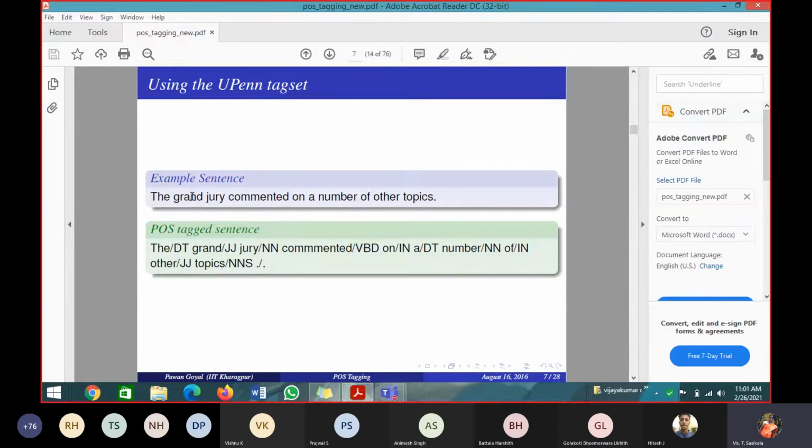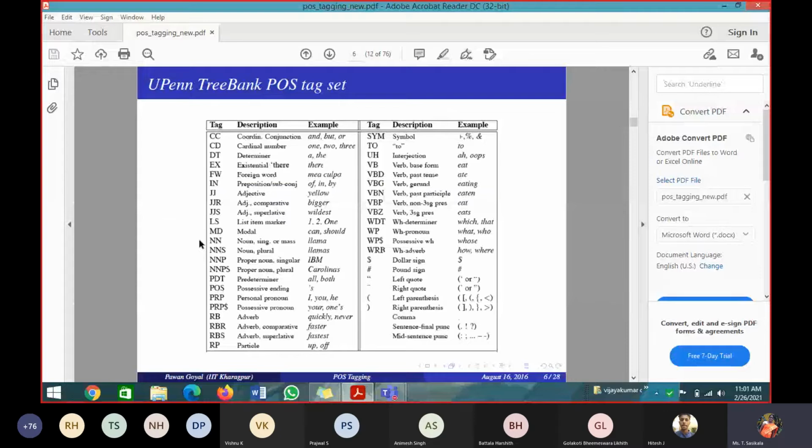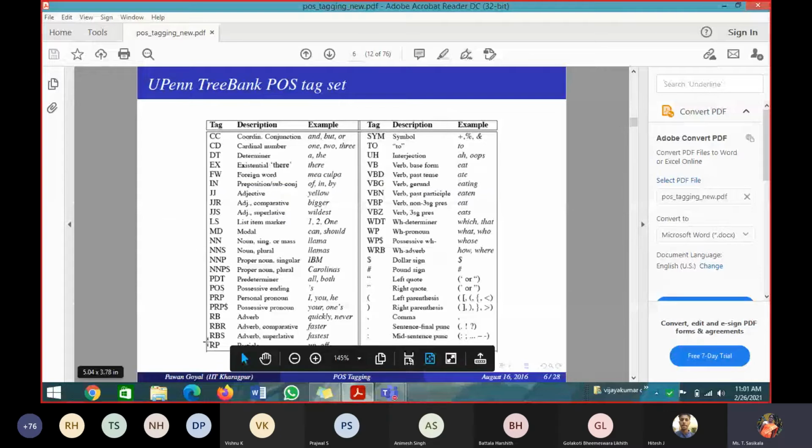Finally, if I give a sentence like this, after solving the problem you will give an output: The is a determiner, grant is this one, jury is a noun, commented is a verb, on is a preposition, the is a determiner. All these are given here. 45 tags are given here. They have given these tags, labels, and they have used these labels.